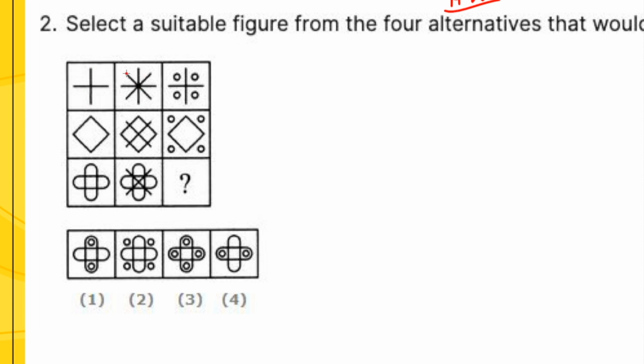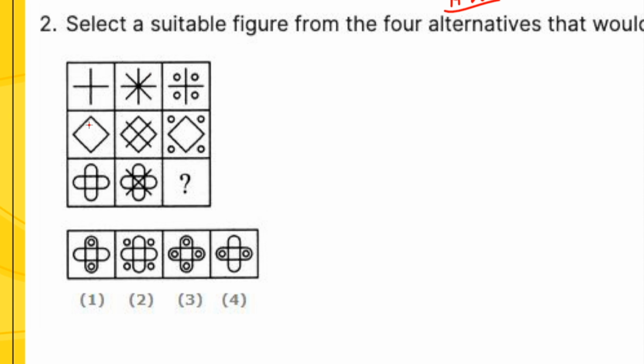In the next figure there is an additional cross which came, and in the last figure the plus sign is as it is, and in the place of this cross there are 4 circles which have come over here. These 4 circles are visible over here. So this is the pattern which you have to follow.